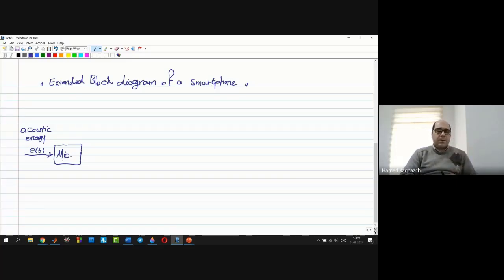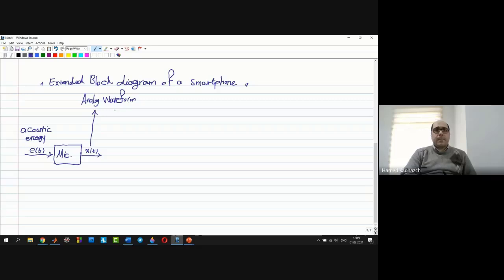But in this case, we are talking about smartphones. Now, we can get a waveform called x of t. This x of t is an analog signal or analog waveform.